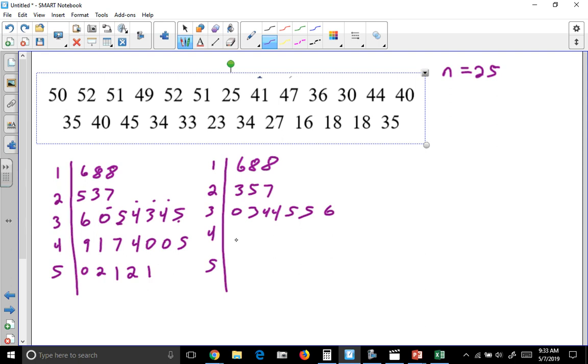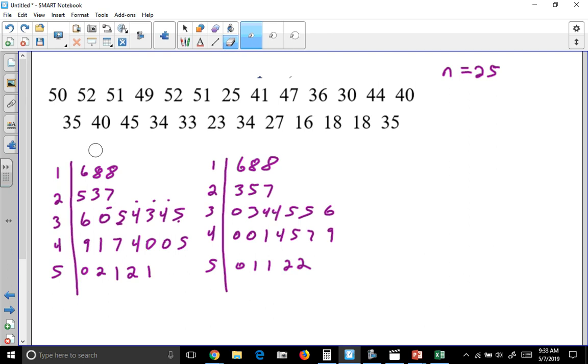Then the next row we have 2 zeros, and a 1, a 4, and a 5, and a 7, and a 9. And the last row we have a 0, 2 1s, and 2 2s. So we have just taken our data and we put it in order from smallest to largest.